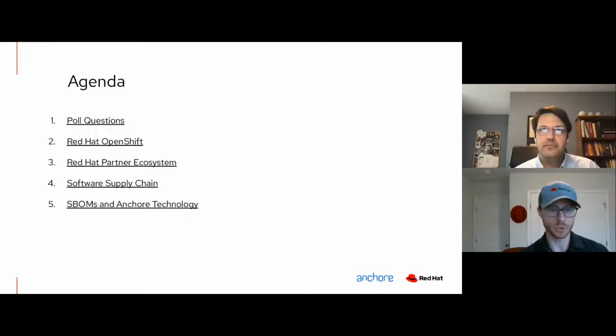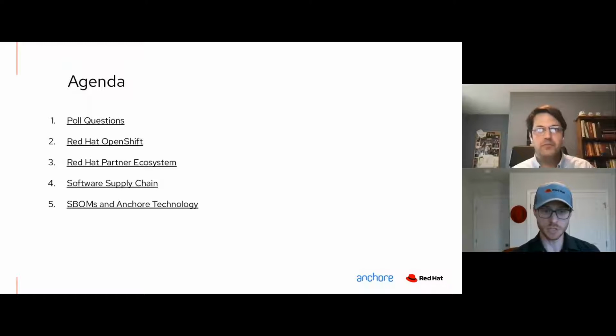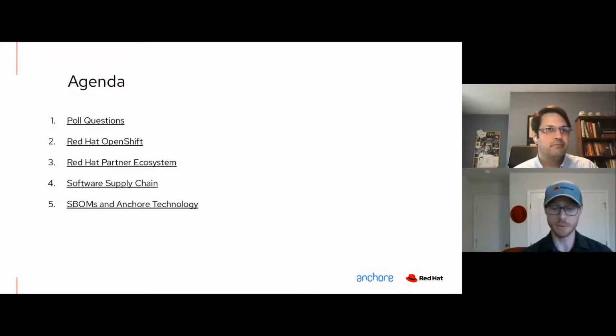Maybe it's a bit of a crash course and talk about how we start implementing security at that level. And then I'm going to bridge into the partner ecosystem, which is where Paul steps in and educates us about software supply chain, but also SBOMs and how Anchor technology and OpenShift technology really blend together to create a more complete solution and a quicker, secure one.